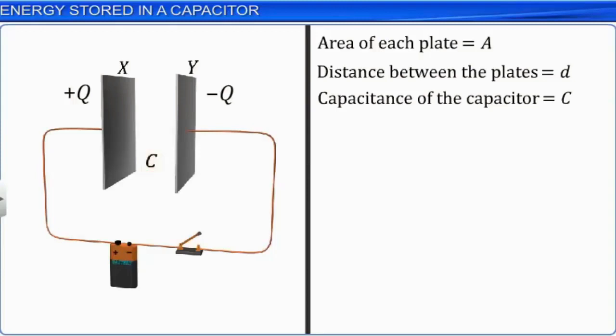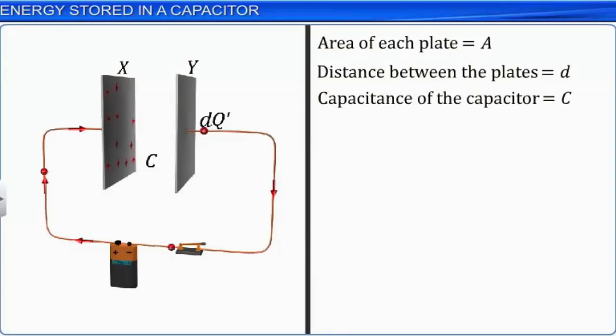Let us now try to understand the mechanism involved in the process of charging of the capacitor plates from an energy point of view. In order to do that, we need to first imagine that the plates of the capacitor are completely uncharged. Now imagine removing infinitesimally small positive charge plus dq dash from the plate Y and transferring it to the other plate repeatedly.